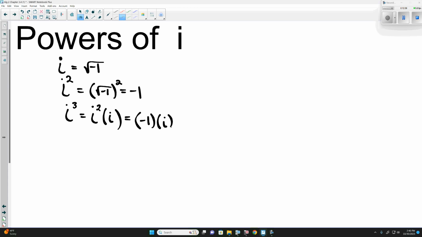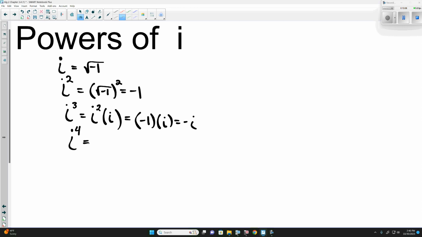And we're going to multiply it by i, which just gives us negative i. So i to the third is the same as negative i.